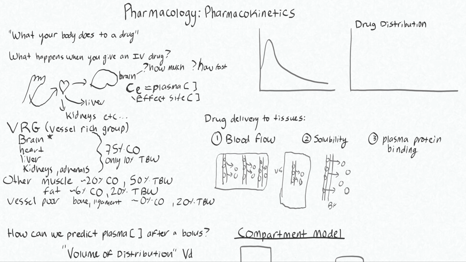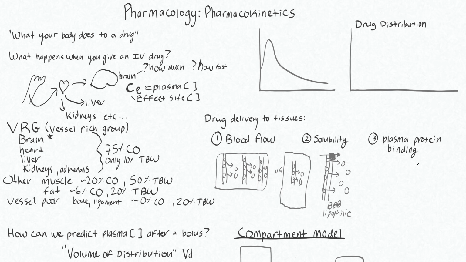So for example, the blood-brain barrier requires that a drug be lipophilic to diffuse into the brain. There are actually transmembrane channels that will transport hydrophilic drugs, but this occurs much more slowly. So for drugs to reach a decent effect site concentration at the brain, they do need to be quite lipophilic.